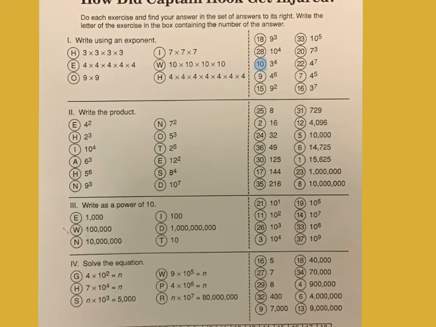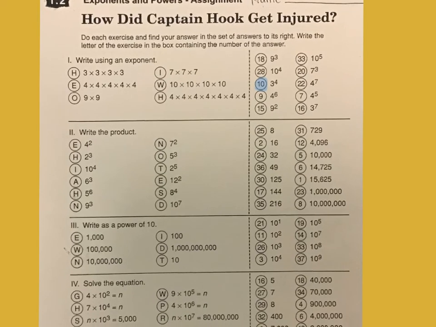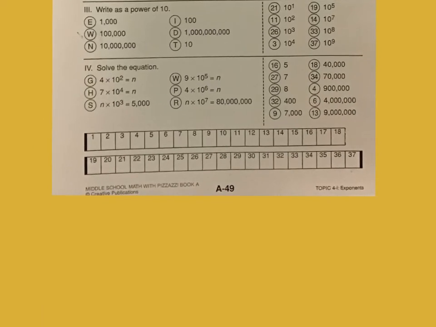And looking back at the top, I could see that was for the letter H. So H is 10. So coming back down, I am going to write H is 10, like that. I know my H's look weird, but there you go. So that's how you do that. You're going to do that for each one of these problems.